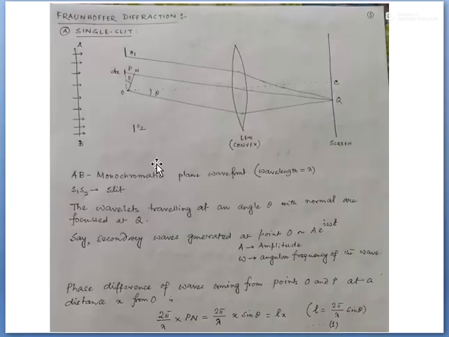Now, as this O is the origin or the center of this slit, there will be a distance of plus a by 2 from this point to S1. So the coordinate of S1 is plus a by 2, and I choose S2 as minus a by 2.